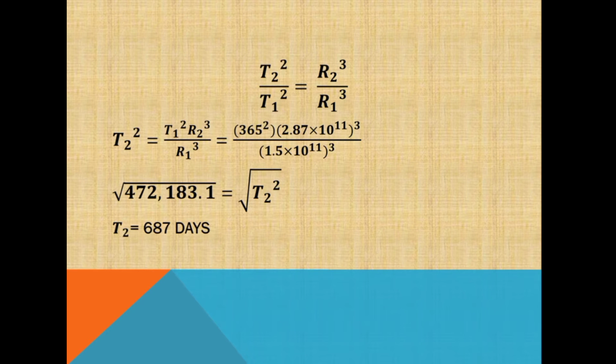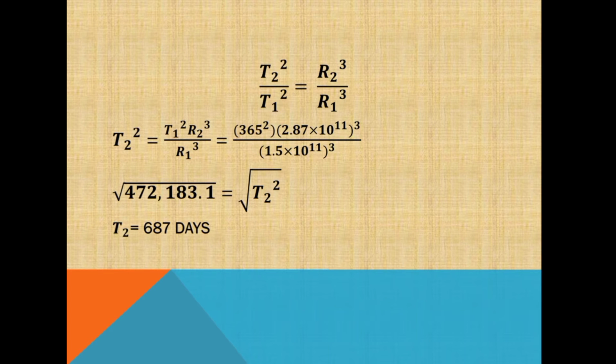You just have to plug in the numbers and then cross multiply, and then what we get is T2 squared equals T1 squared times R2 cubed over R1 cubed, where T1 is 365 days.